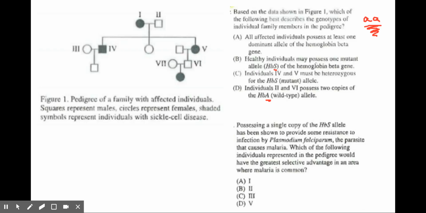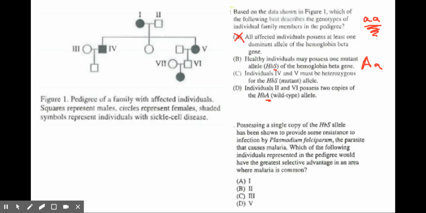So this is not right. B, healthy individuals may possess one mutant allele of the hemoglobin beta gene. And because this is recessive, again, it could be that. Okay, so B is definitely in our world of being right.